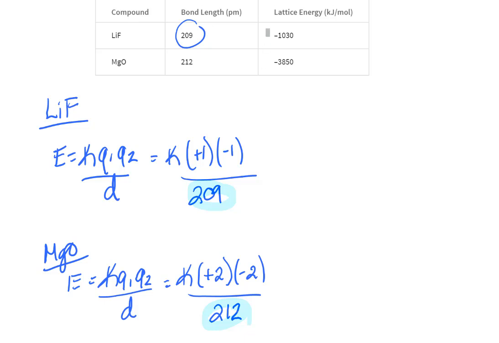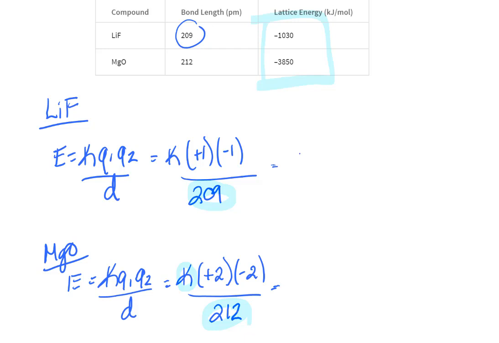But look at the difference in the lattice energy. And that's coming into play from the charge difference. So notice how if we plugged in K for the lithium fluoride versus if we plugged in K down here and actually solved for a numerical answer, what we would expect would be something that is fourfold, right?